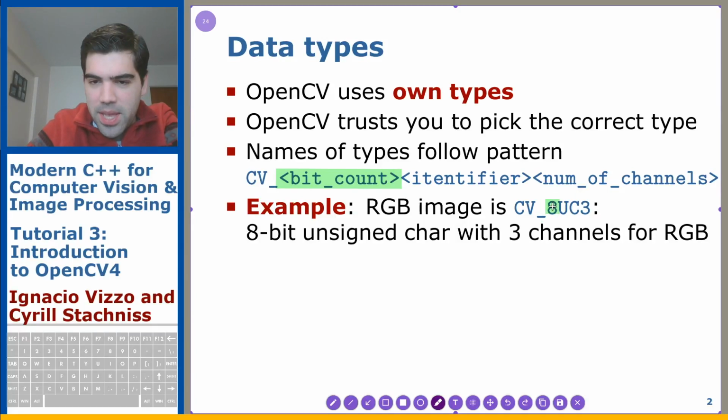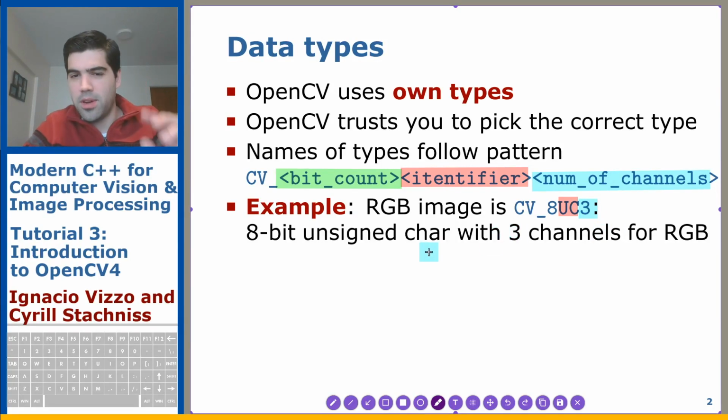In this case it will be 8, so it's 1 byte. Then the identifier is going to be unsigned character in this particular example. And then the number of channels is going to be the last part of the type. In this case it will be 3, right?